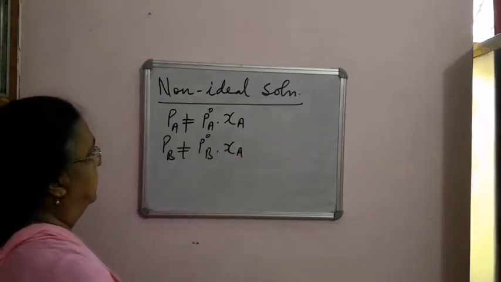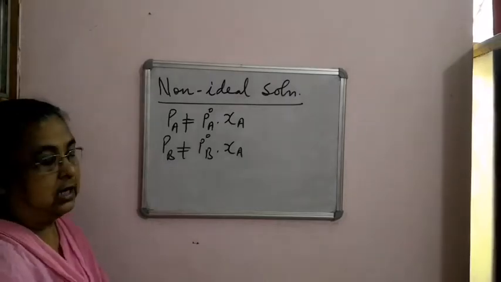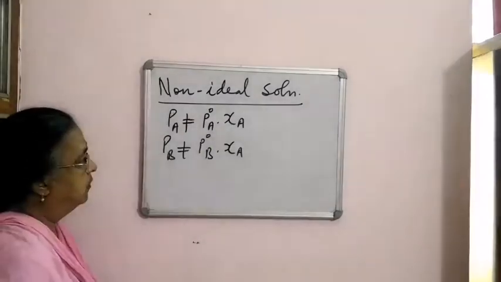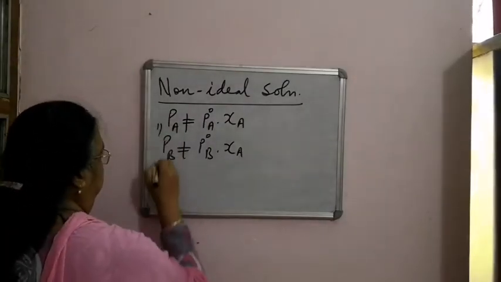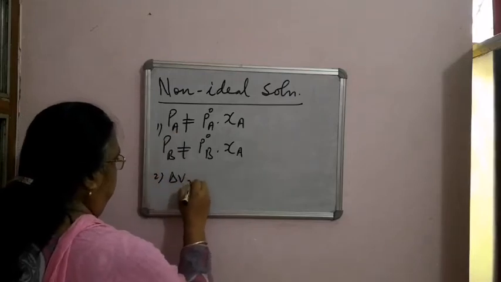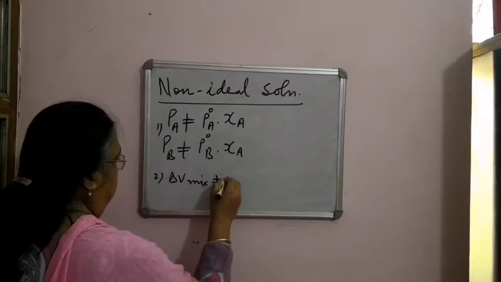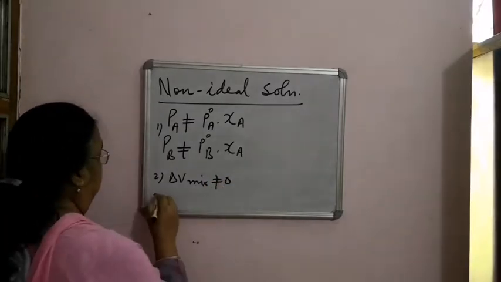That is, the vapor pressure of the solution, which we find out experimentally, is not equal to what we get through the formula of Raoult's law. Also, the second point you have seen: delta V mixing will not be equal to 0, it will be either greater than 0 or less than 0.